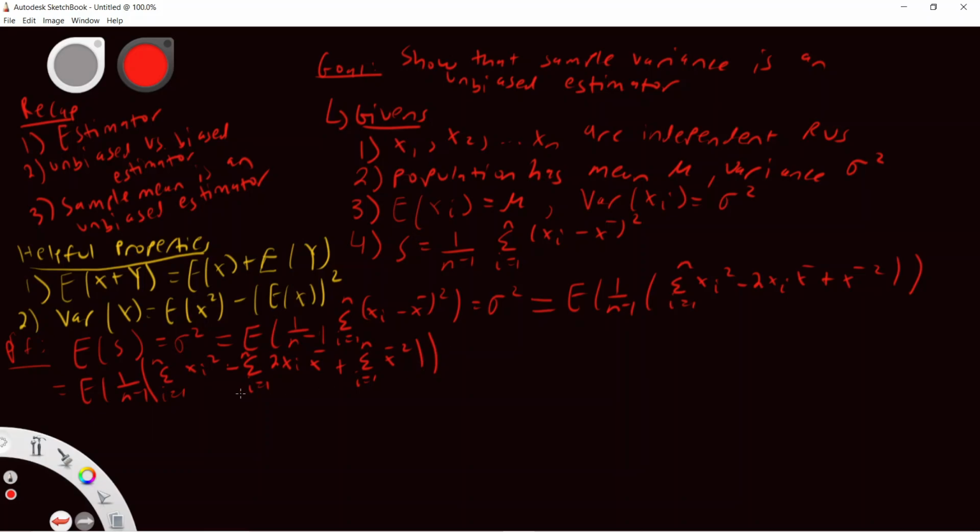So let's write out what we have. We have the expectation of 1 over n minus 1, summation i equals 1 to n of x sub i squared, minus 2 x bar, summation i equals 1 to n of x sub i, plus n x bar squared.